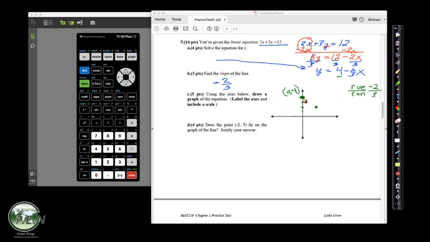So another way to do it is to go up 2, 1, 2, and then back 3, 1, 2, 3 would be about here. And we can see all these 3 points are on the same line, something like that. Okay, label the axes. Here's x, here's y, and there's about 1, 2, 3 I said.